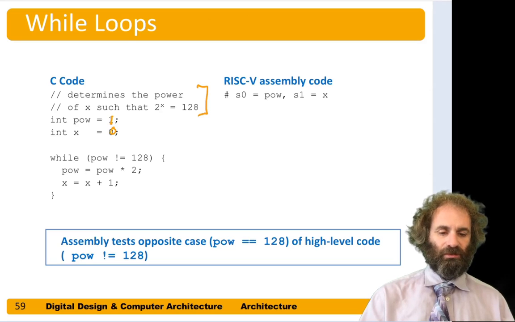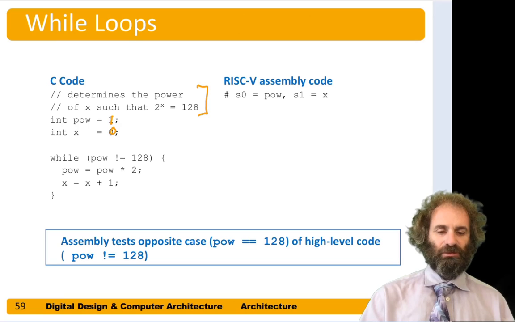Then as long as the power is not yet 128, we will double the power and we'll add 1 to x. So first power is 1, then power will be 2, then 4, 8, 16, 32, 64, and finally 128. And at that point x will be 7, so we'll discover 2 to the 7th is 128.